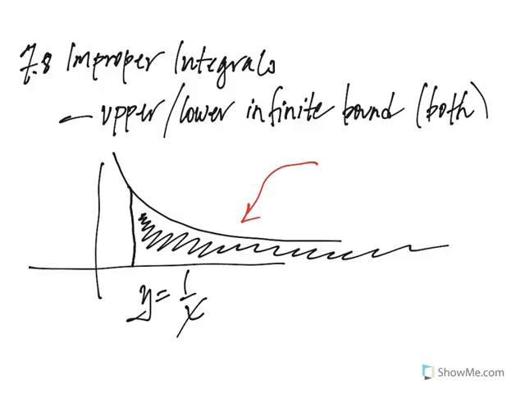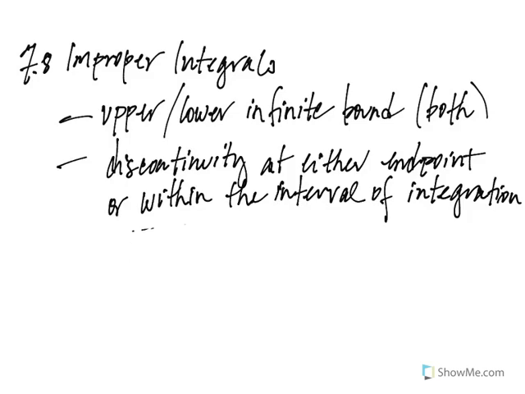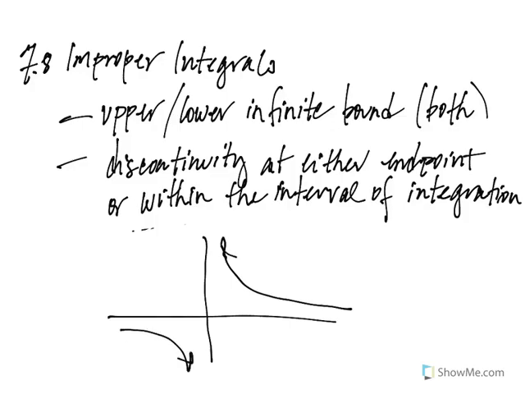However, there are other cases where you've got an improper integral, and let me add to this list. An improper integral is also defined as one that has a discontinuity at either endpoint of integration or within the interval of integration. So if I take a look at the graph that I had before, let's say it's 1 over x, vertical asymptote at 0.